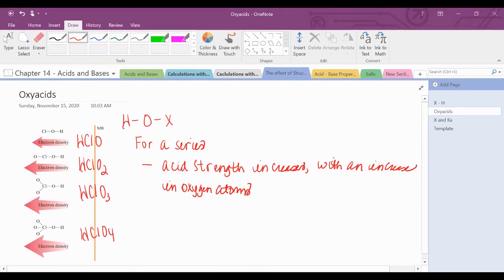Okay. So HClO4, the one that has 4 oxygens, is the strong acid in this series of oxyacids. So what accounts for this? What is the contributor here? What's happening is that the oxygen atoms are drawing electrons away from chlorine.